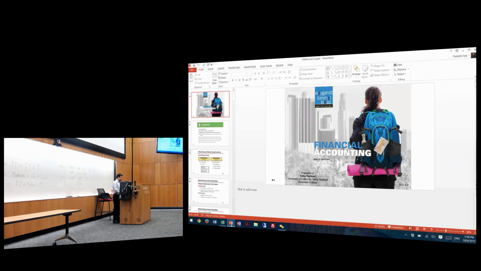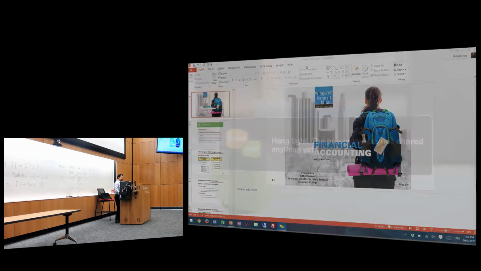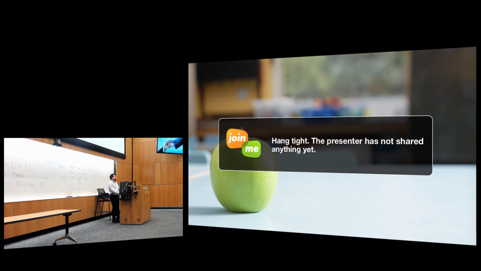Today's chapter will be a continuation of the previous one. So basically what we will talk about today is how to calculate cost of goods sold and ending inventory. Okay? In the previous chapter, we were told that, for example, the cost of this inventory is such and such.